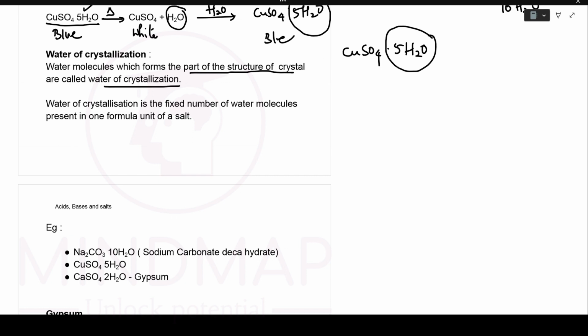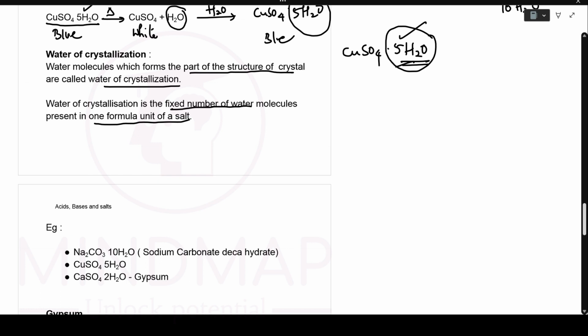Now this CuSO4 is a crystal, a salt, and 5 molecules of water are also part of its structure. That is called water of crystallization. Now water of crystallization is a fixed number of water molecules. It is not that sometimes you write 5 with CuSO4, sometimes 10, sometimes 2. No, it has a fixed number of water molecules present in one formula unit of a salt.